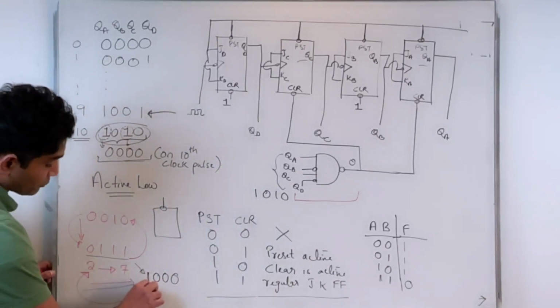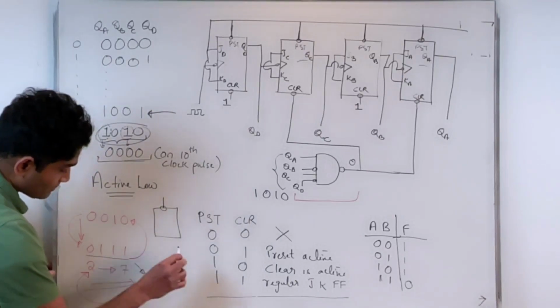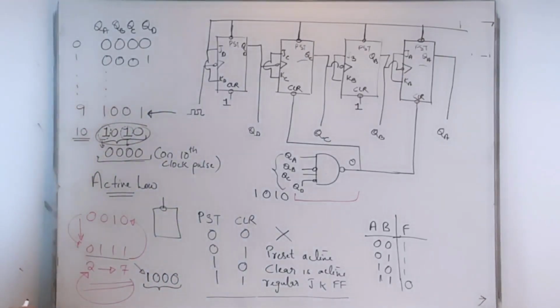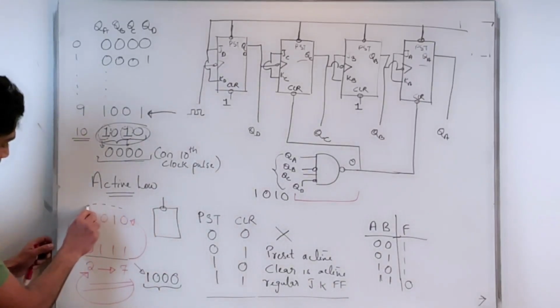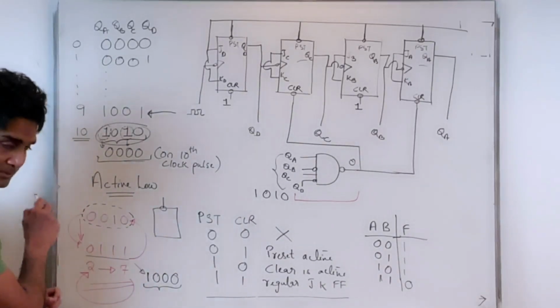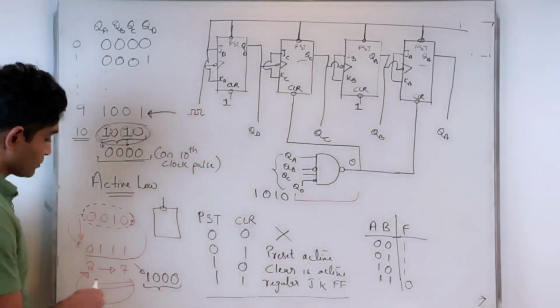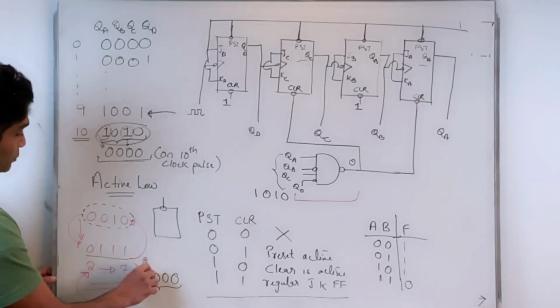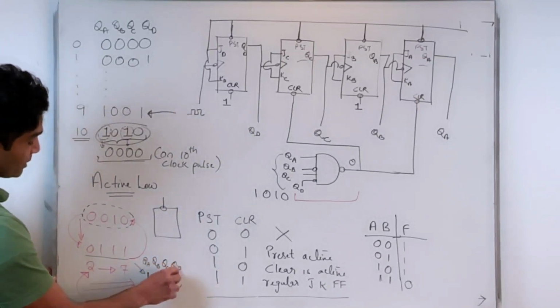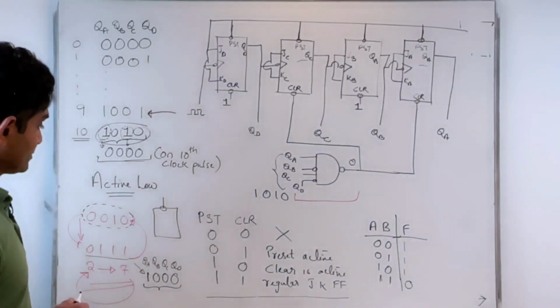That means I need to recognize this count and use my preset and clear inputs to obtain this count, right? So I need to recognize 1, 0, 0, 0. That is, again, this 1 corresponds to QA, QB, QC, QD, right?